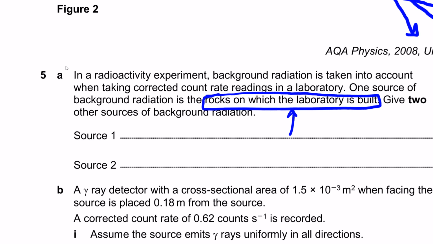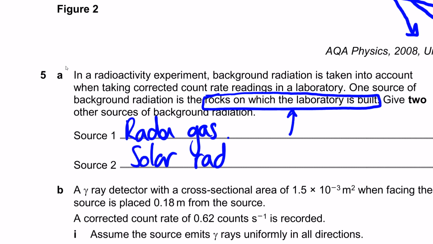The easiest one is going to be radon gas. Next one, solar radiation. You could talk about nuclear testing. The nuclear weapons testing caused quite a lot of background radiation in the atmosphere. You can actually look at graphs of that after they organised a testing treaty to stop nuclear testing.